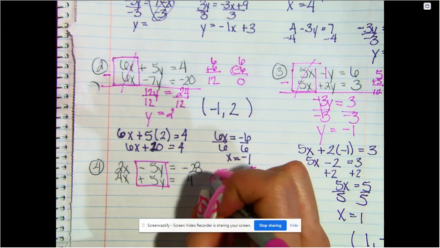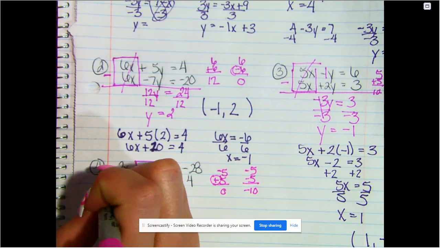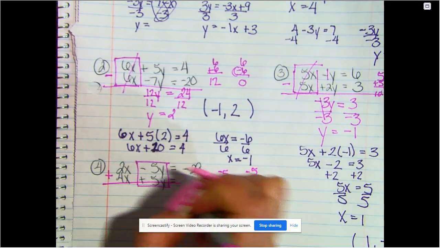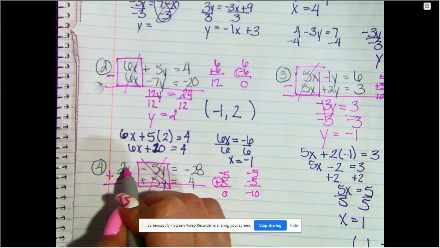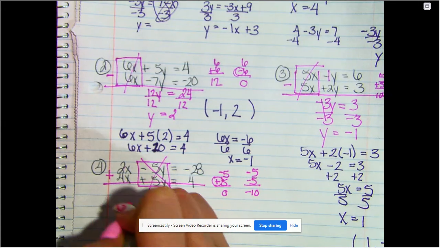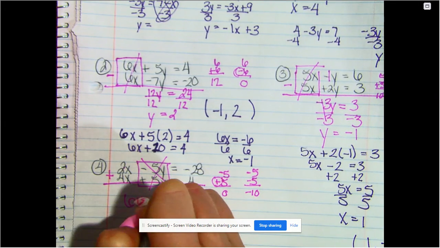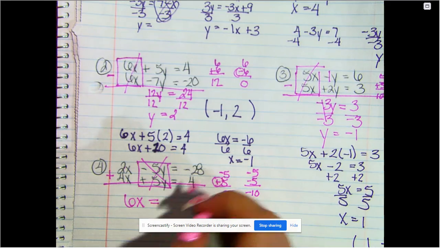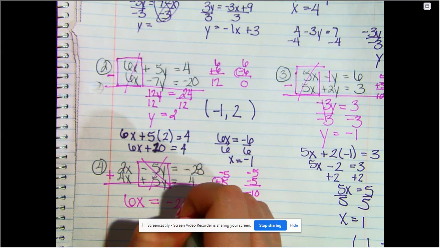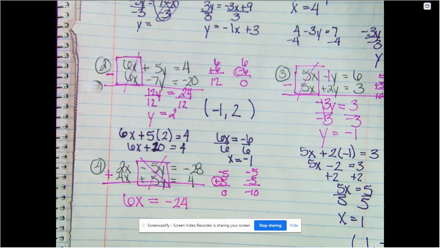Okay, so I know adding is the way to go for this particular method of elimination, because when I add them, those are eliminated. So when I add, I get 2 plus 4, which is 6x, is equal to negative 28 plus 4 is negative 24. This is now a one-step equation.